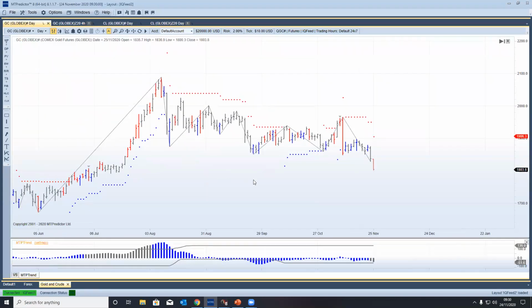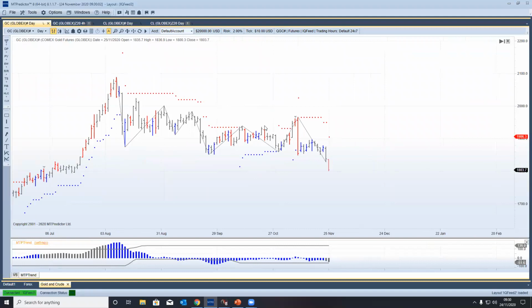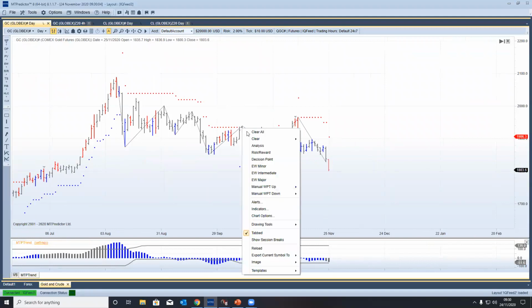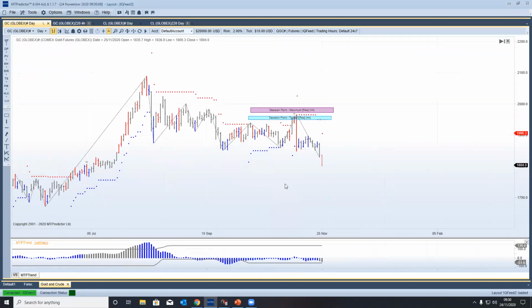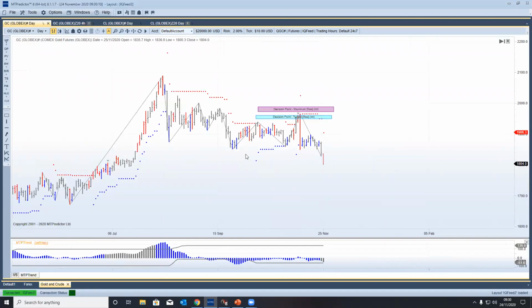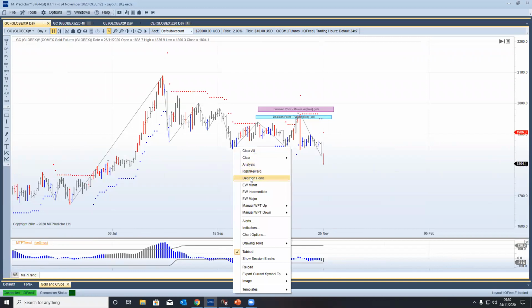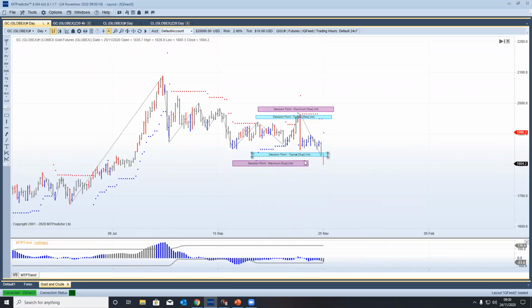Gold seems to be declining down. It's declining down off the DP from there, you see. Where would the next support levels be? Well, if we go back to that last pivot low, we right mouse click decision point. We've now gone through the typical. We're now at the maximum. So this would be the last area where we'd anticipate support on gold.